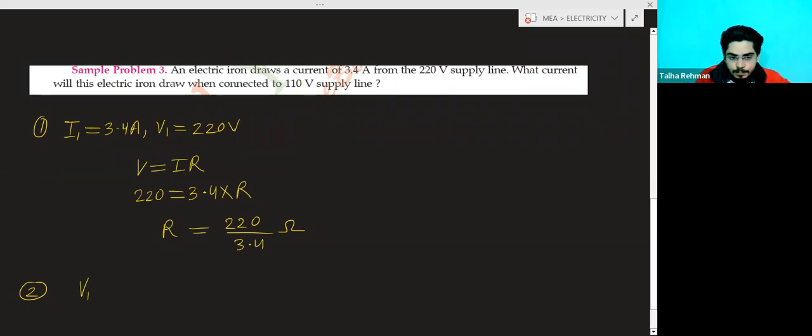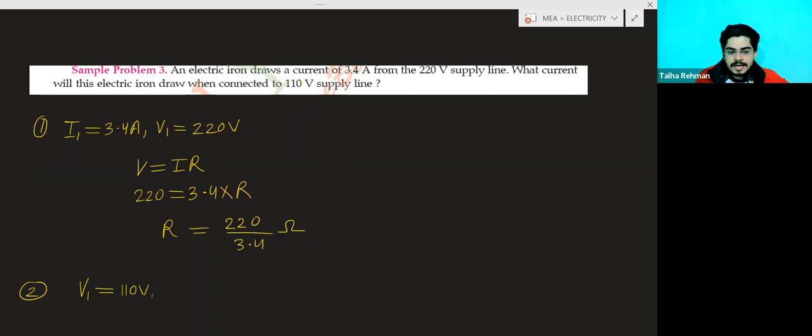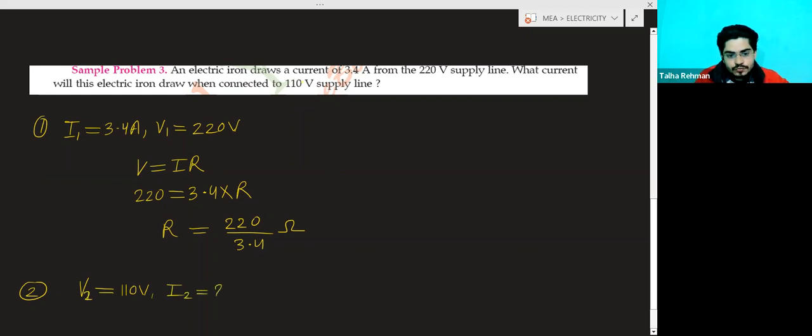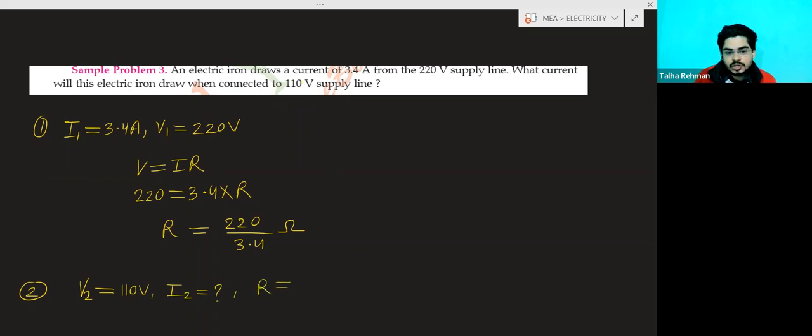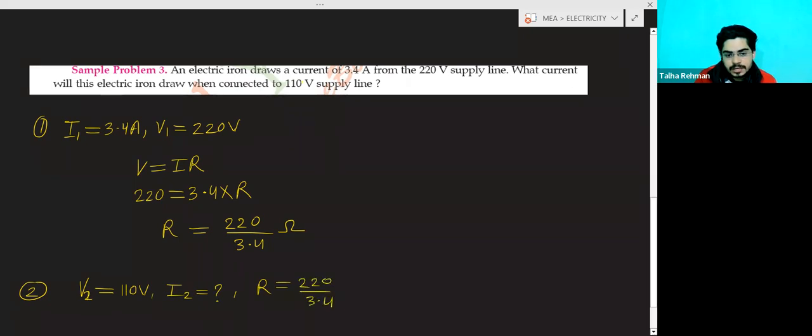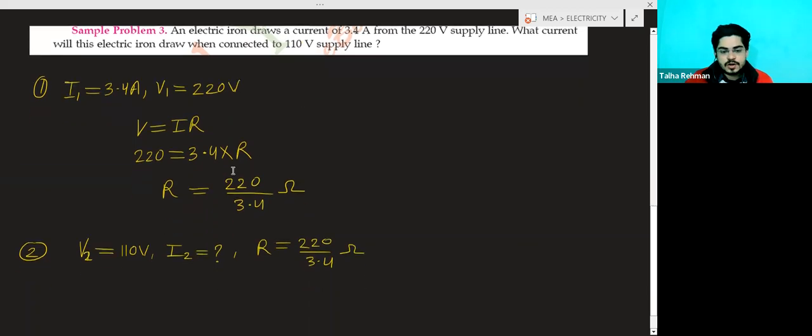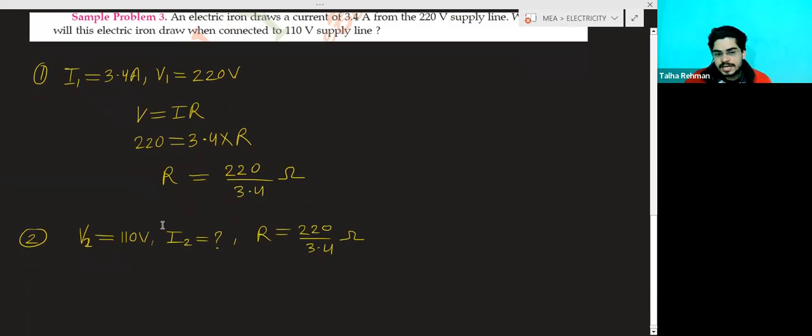The potential difference across the iron will be 110 volt, and the current you have to find. This is V2, the second time, and I2 you want to find. The resistance of the electrical iron will be the same, 220 divided by 3.4 ohm.